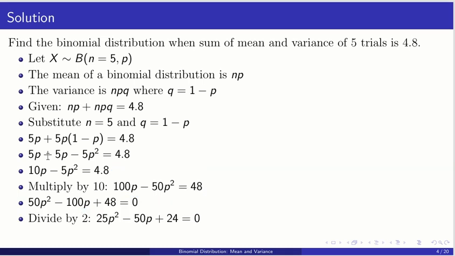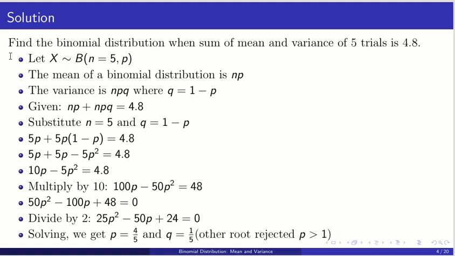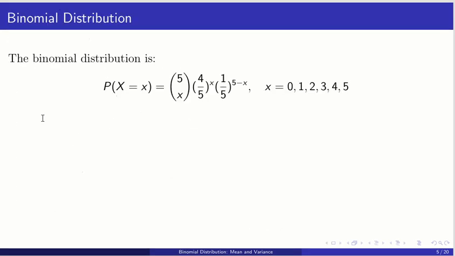Now if we solve, we can again reduce, divide it by 2, and now we will get this one. If we solve, we will get P as 4 upon 5 and Q as 1 upon 5. There would be two roots; the other root is rejected because its value is greater than 1, since probability cannot be greater than 1 or less than 0.